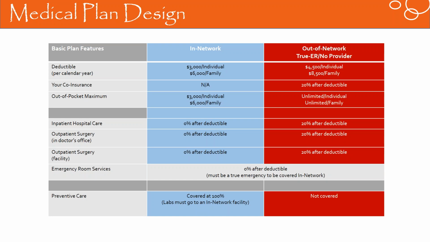Don't walk in there with a migraine or something like that, because they're not going to consider that a true medical emergency when you're out of network. Out of network, you continue to pay 20% even after you meet your deductible. So it is something that you want to pay attention to when you're looking for care, because when you hold down your costs and therefore the plan costs, you also help hold down your future costs. That's what we all need to think about.